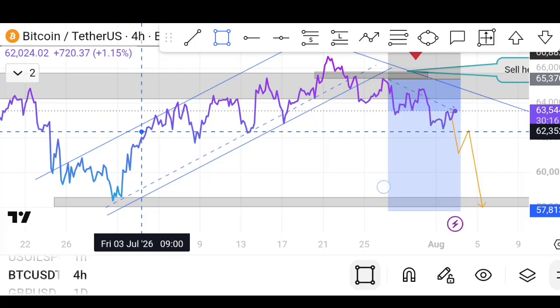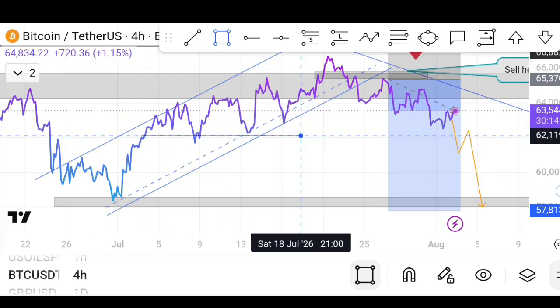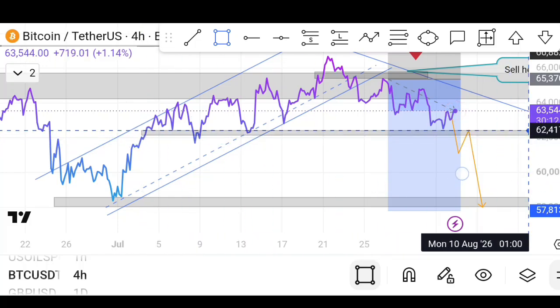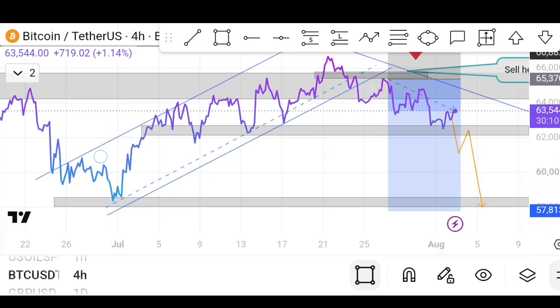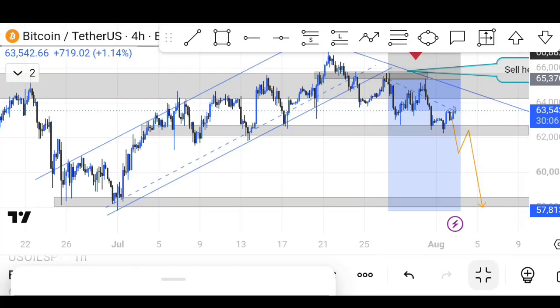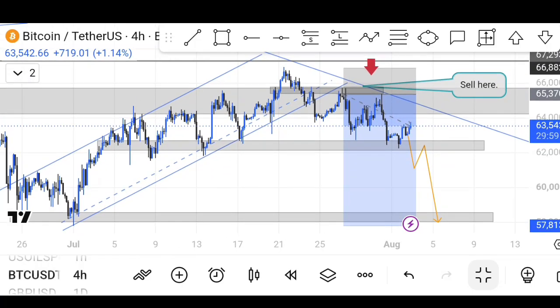We have a support level around this place that price hasn't broken out of yet, but whenever that happens, we are expecting price to keep on pushing downwards, right? So that's what I'm expecting here on BTC USDT.